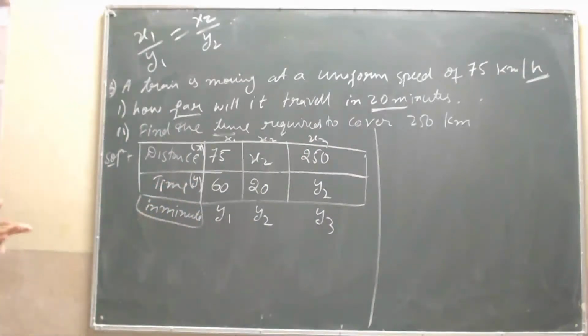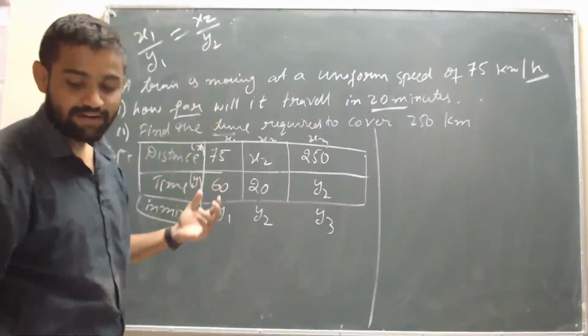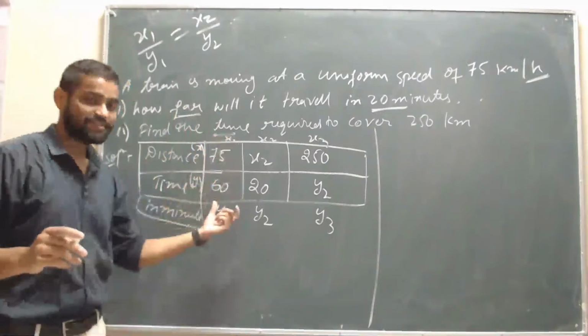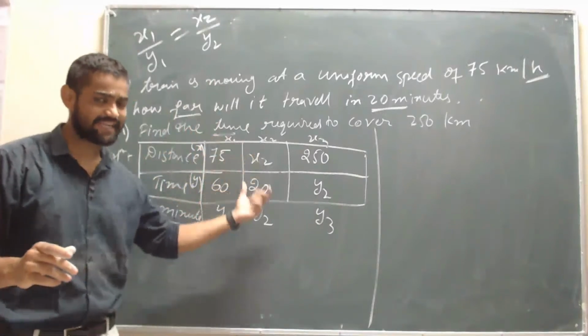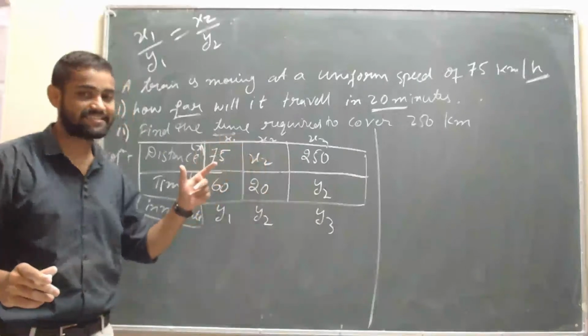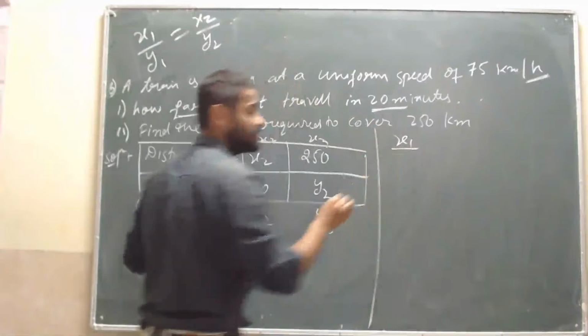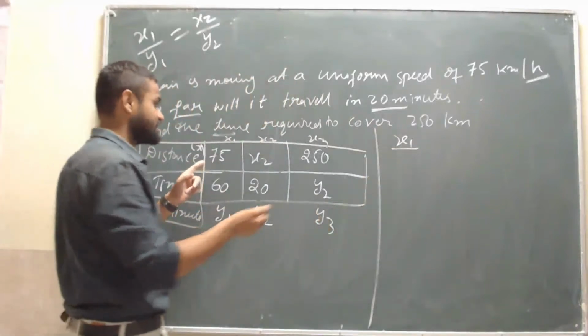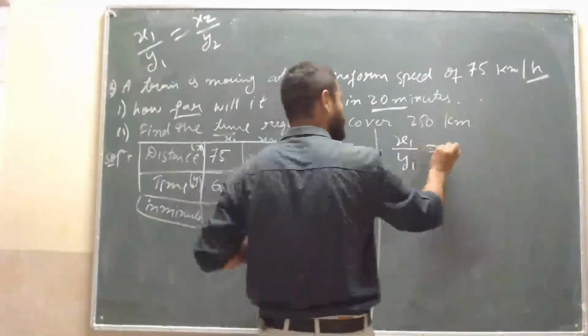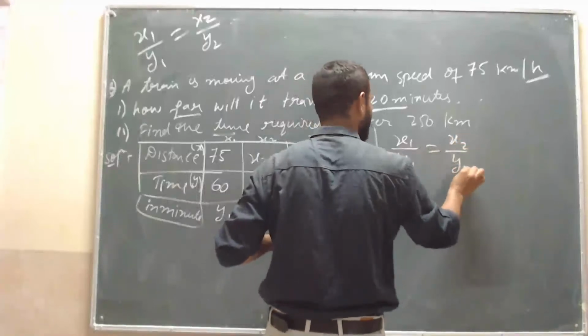Now I will take two columns, the first as well as the second, because we have to find out the distance in the second column. The formula of direct proportionality we know: x1 by y1 is equal to x2 by y2.